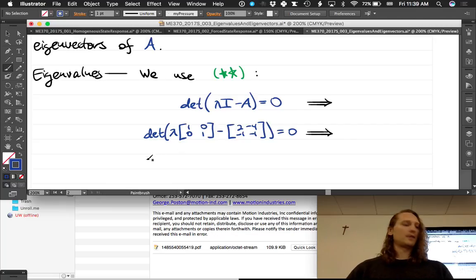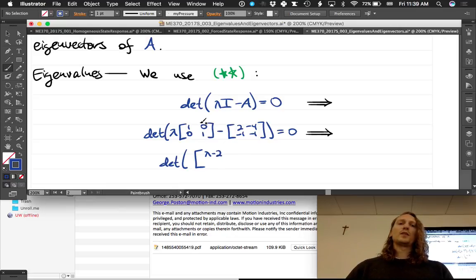So we're going to have the determinant of, I'm going to do the subtraction too in this step because it's a lot of rewriting. So it's going to be lambda minus 2. We're going to do element-wise subtraction here. So lambda minus 2 is the first term.